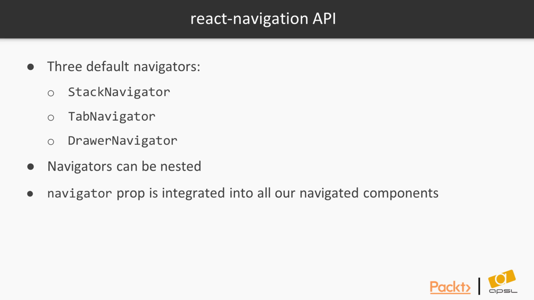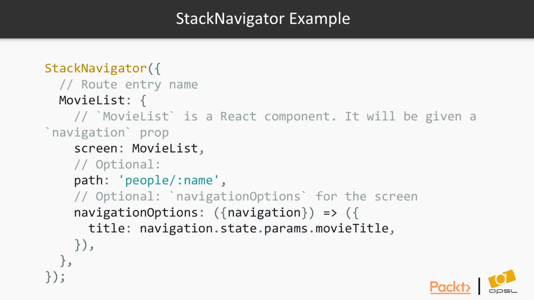When we define any navigation, we are declaring an object with the routes. Every time we navigate to one of those routes, a new prop called navigation is inserted into our navigated component. This prop can be used to navigate to other screens, pass params, and more. This is an example of a stack navigator that contains one route, the movie list.